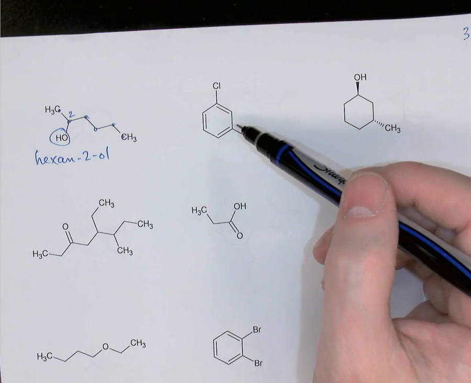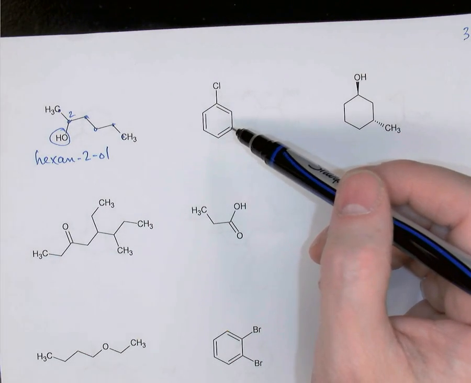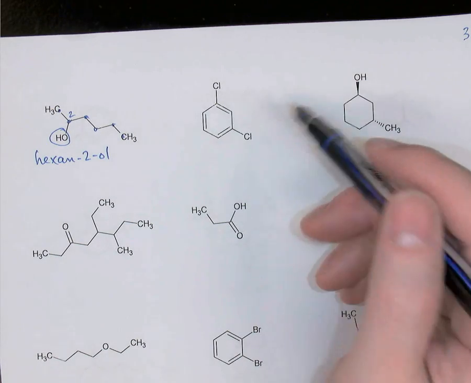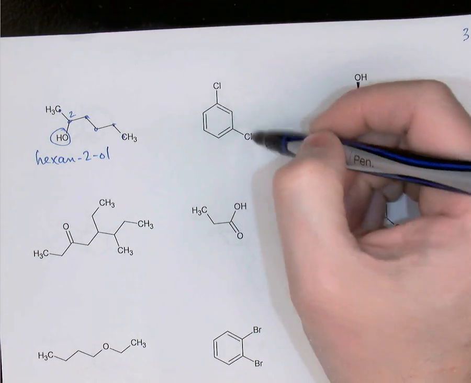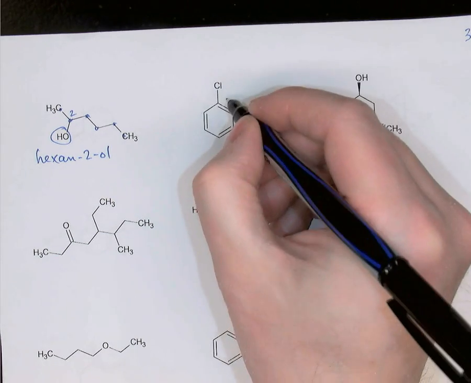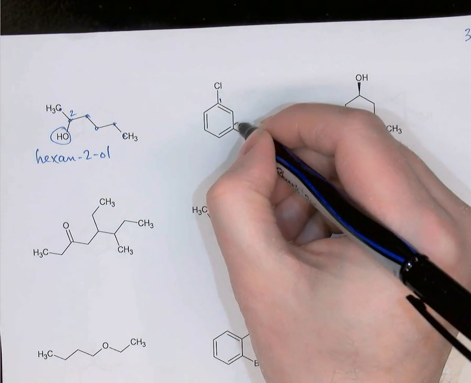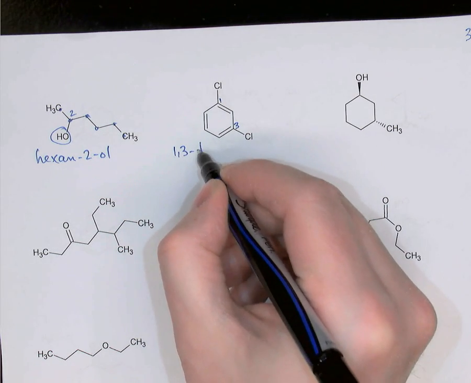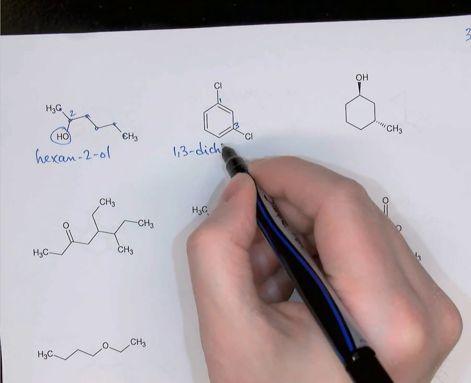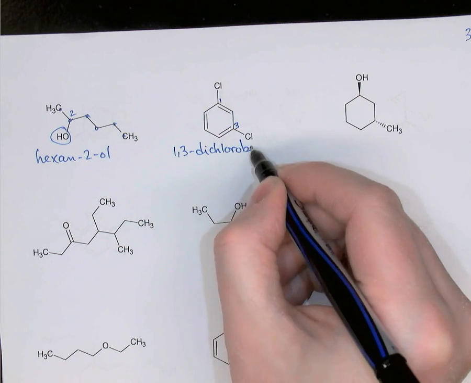So it's called an aromatic compound, and specifically this ring is a benzene ring. This particular benzene ring has 2 chlorines attached, so we could call this carbon 1, carbon 3. You could call this 1,3-dichlorobenzene.